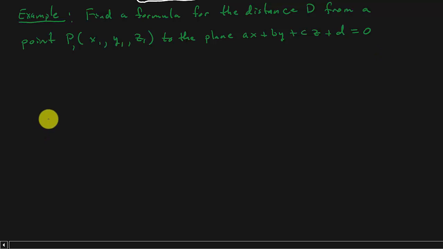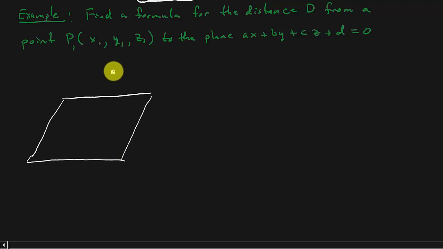Let's just draw a picture here. We've got a point out here, which we'll call P1, which is x1, y1, z1. And let's say we've got some point in the plane.